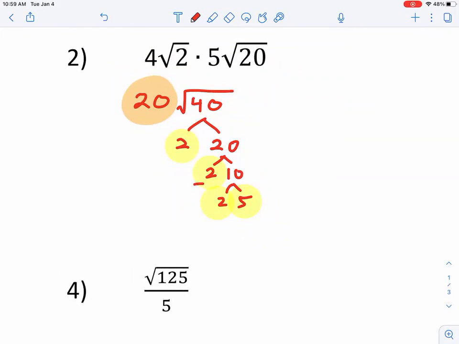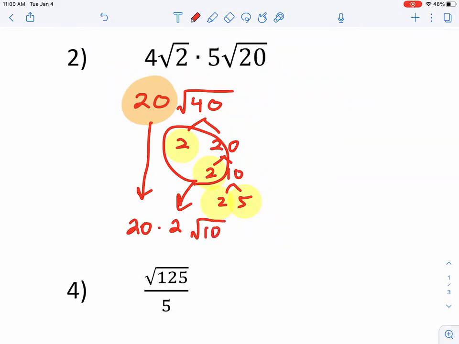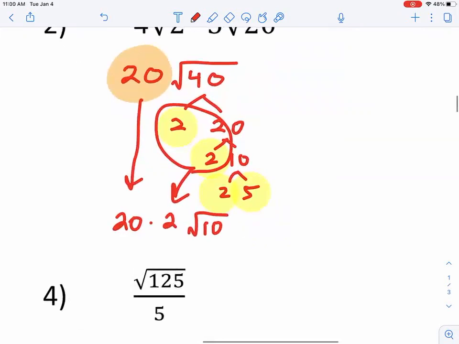So I'll pair them up. That 2 is going to be a 2 on the outside. I have that 20 that I'm going to bring down. Then I have the 2 and the 5 left over, so don't forget you have to multiply those. And so then our final answer will be 40 square root of 10.